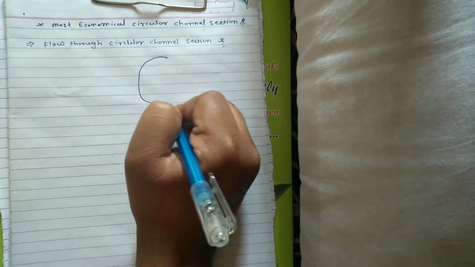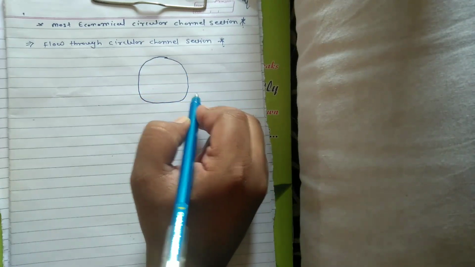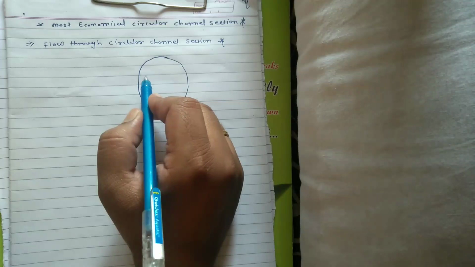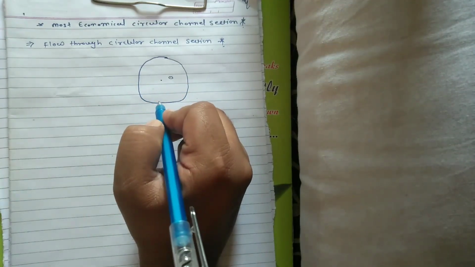Now consider a circular channel. As this is a circular channel, it is not running full, it is running partially. O is the center of that circular channel.